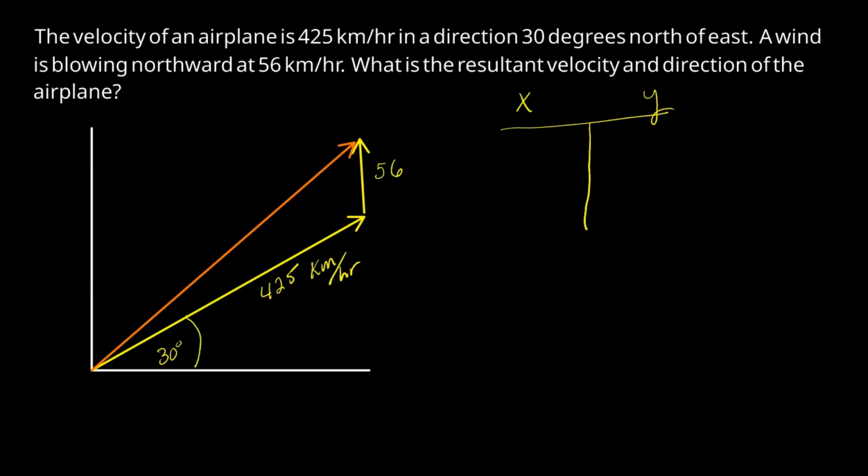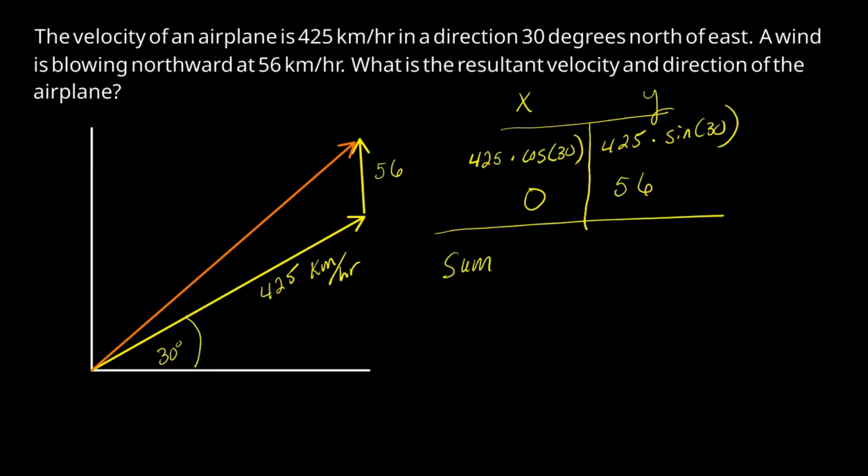The first vector is going to be 425 times the cosine of 30, and 425 times the sine of 30. The second vector has no x, and it has 56 for the change in y. This will be 368.1, and this one will be 268.5.